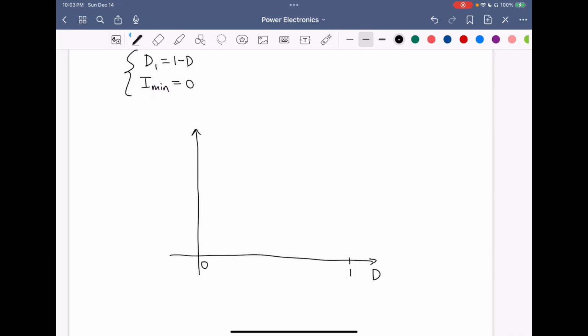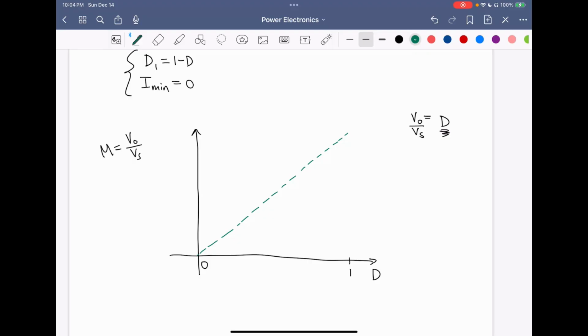And let's call this vertical axis the voltage conversion ratio V out over Vs. For a buck converter in continuous mode, V out over Vs equals D, so this is just a linear slope. Whatever linear increment we give in the duty cycle, we get a linear increment in the voltage conversion ratio.